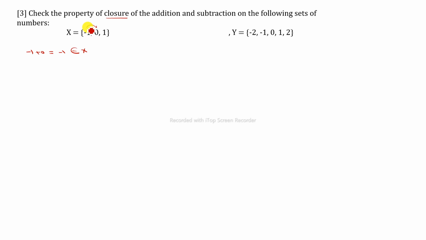Let's do, for example, negative 1 plus 1: negative 1 is the additive inverse of 1, so it is equal to 0, and zero is present in set x. Let's do 0 plus 1, which is equal to 1, and 1 is present in set x. So we did all the elements. We noticed that when we did the sum of any two elements, we got an element in set x, so set x is closed under addition operation.